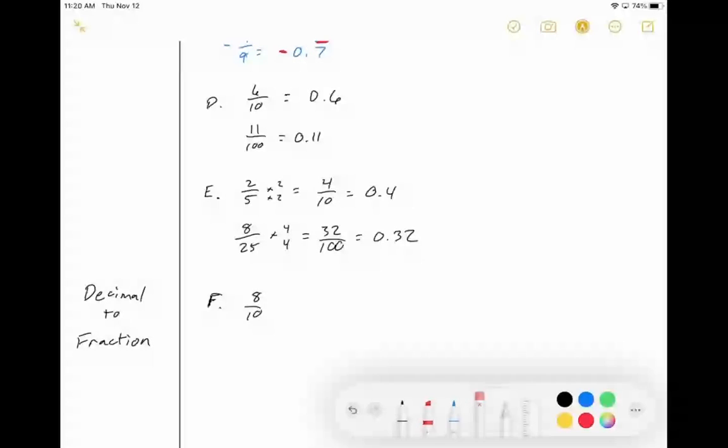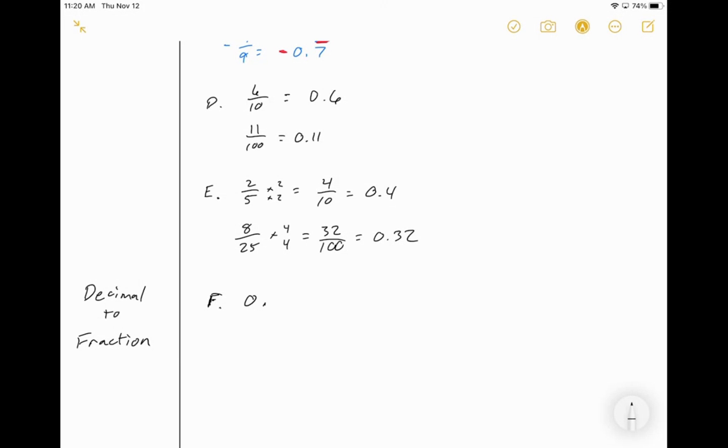Let me try that again. Let's say I had something like this, 0.7. Well, remember, that 7 is in the 10th place, right? So I can just write it like this. 7 out of 10. I just changed a decimal into a fraction. That's it? Yeah, sometimes it's a little bit harder. Let's do one that's a little bit harder.